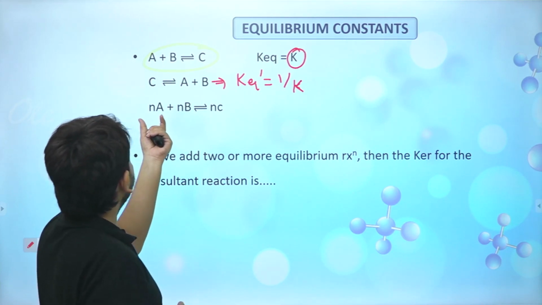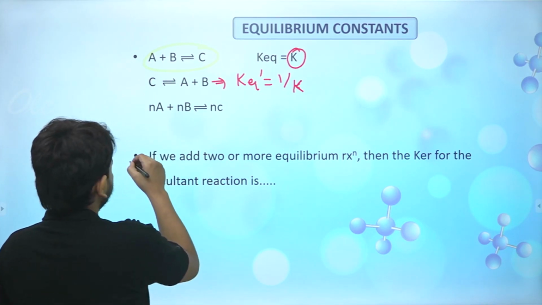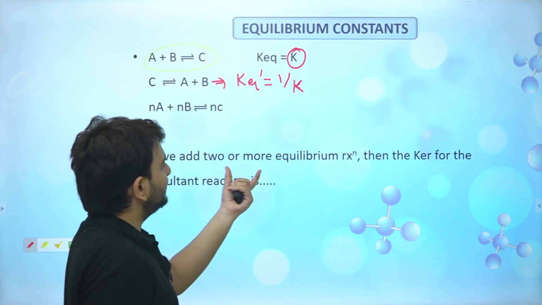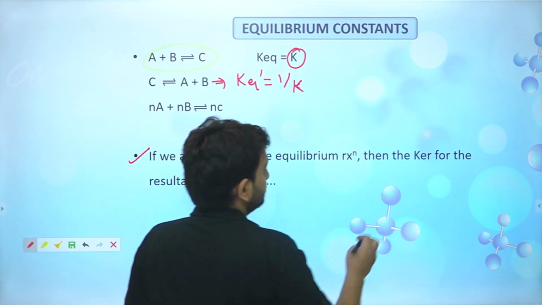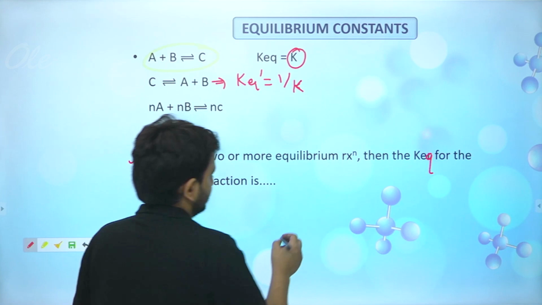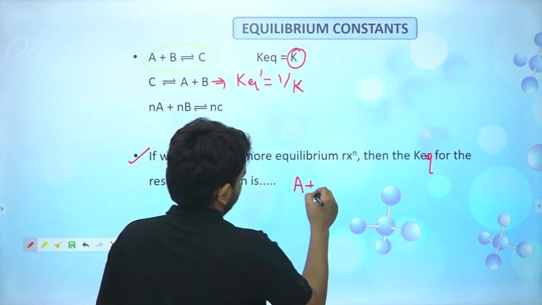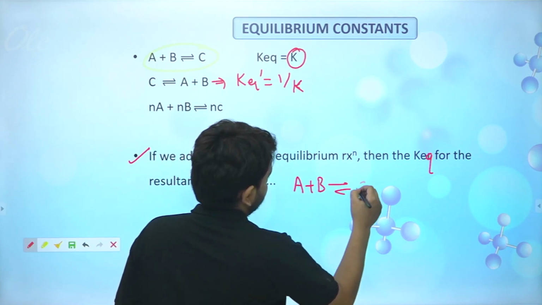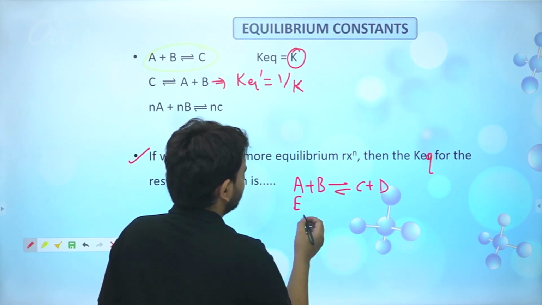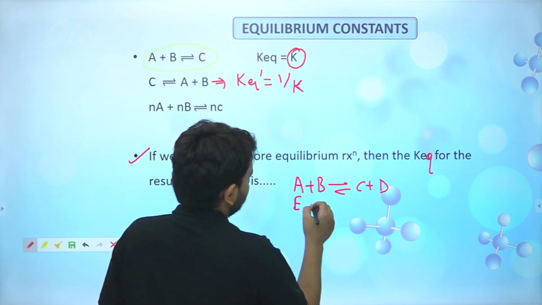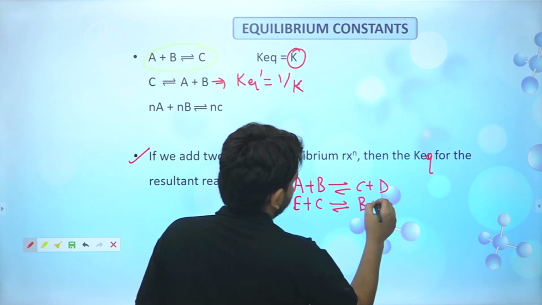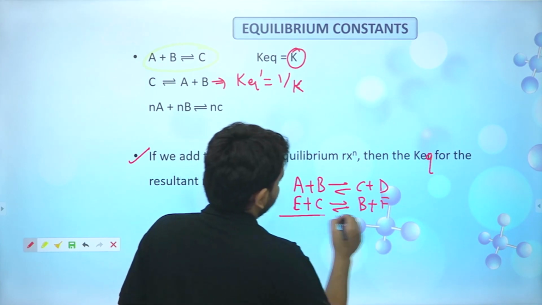Now, first I'll talk about this point. If we are adding 2 or more equilibrium reactions, then K equilibrium for the resultant reaction becomes, for example, let's say if I have A plus B giving C plus D, and I have E plus C giving B plus F. Let's say we have this, and we add this.